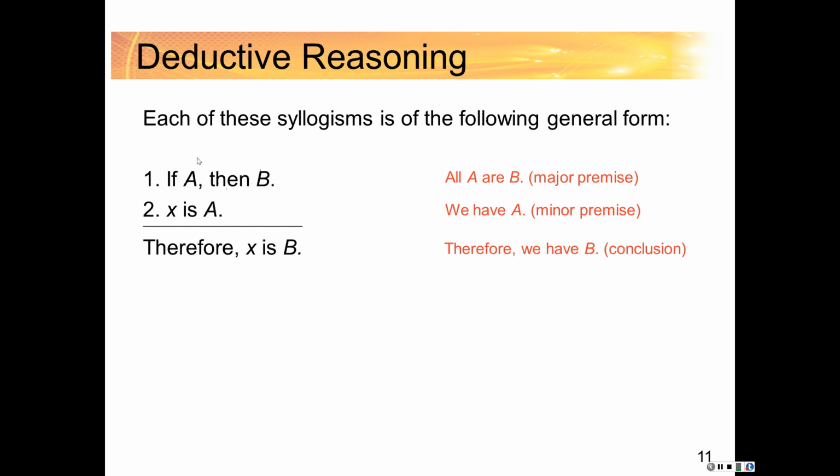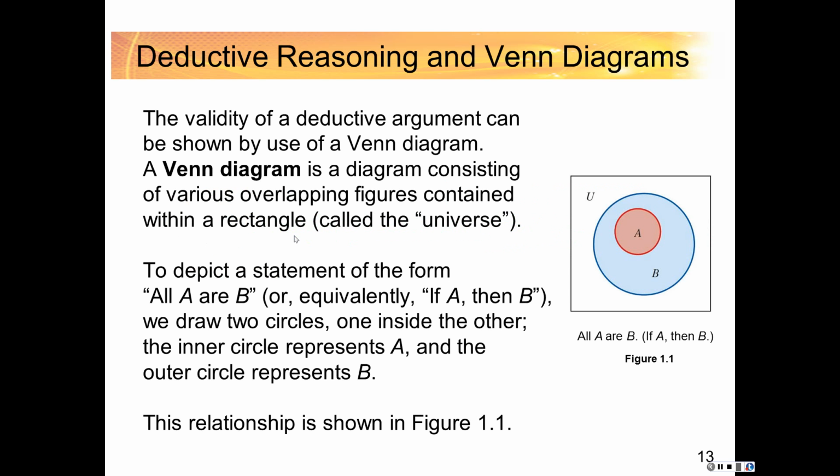Anytime you have this general form, if A, then B, and then your minor premise is saying all x's are A, or x is A, you can make the conclusion that x has to be B as well. So we can see this in a Venn diagram, and a Venn diagram is a diagram consisting of various overlapping figures contained within a rectangle.